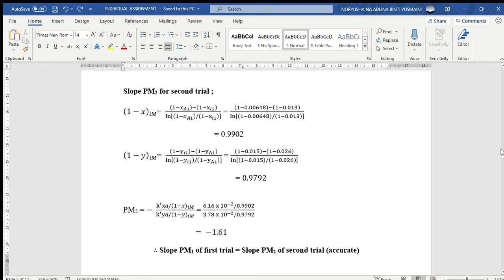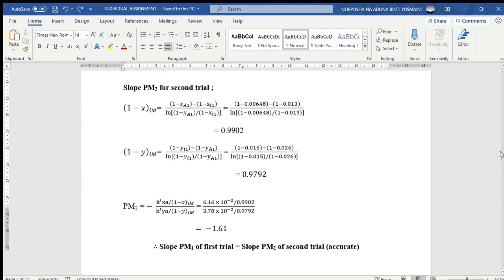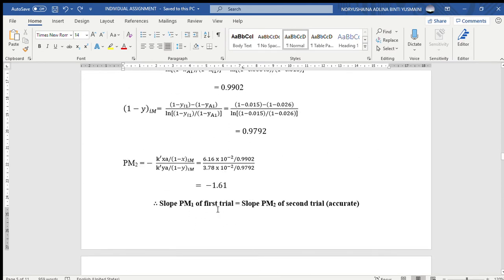As we know, the value for the first trial slope is negative 1.60, and it is nearly equal to the value of the second slope of the second trial. That's why we can say that the first slope and the second slope are accurate.